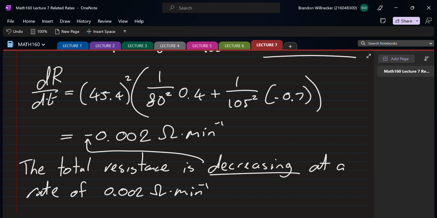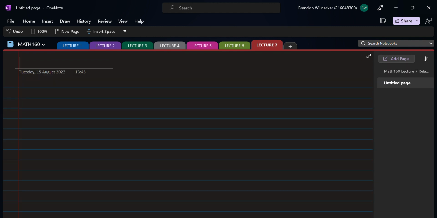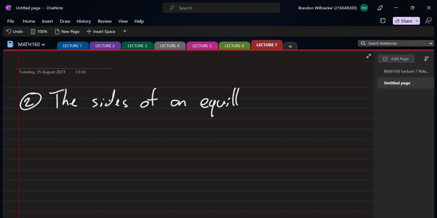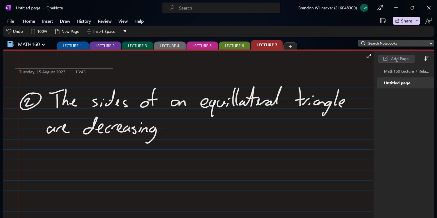Okay, let's have a look at another example. So the last example for today. The sides of an equilateral triangle are decreasing at a rate of 3 centimeters per minute.